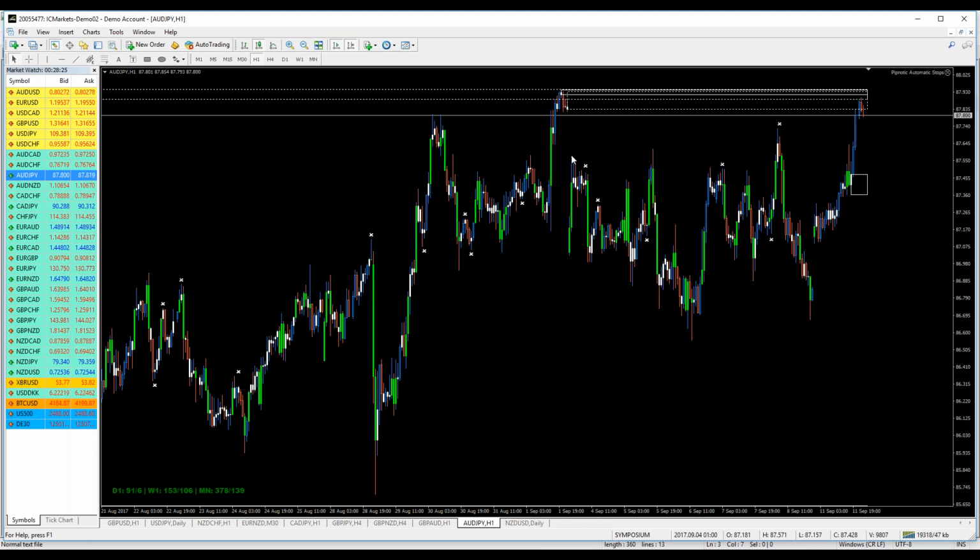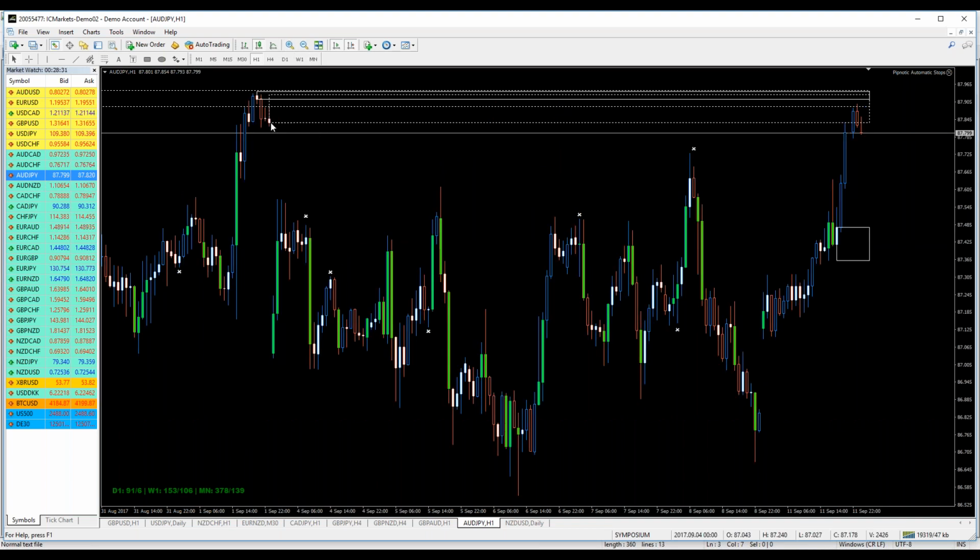So you see how price gapped down, and then gapped down again. You can consider a gap simply as a bar that opened here and closed here at the close of this candle. That's how I view it, at least.